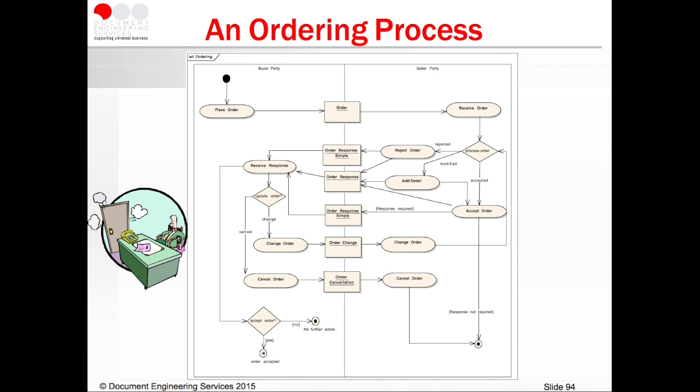And we can see that the buyer party places an order. The rectangular box is the order document that is then received by the seller party. Seller party processes that order. That may involve some responses back to the buyer party, and it may involve accepting or changing the order.